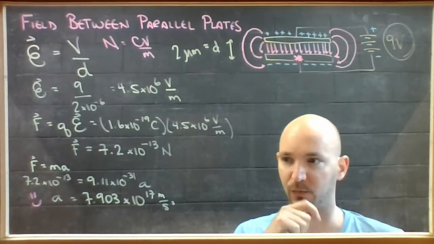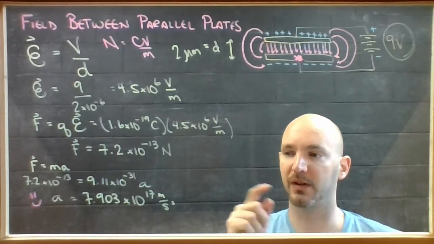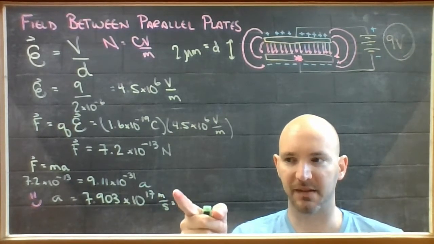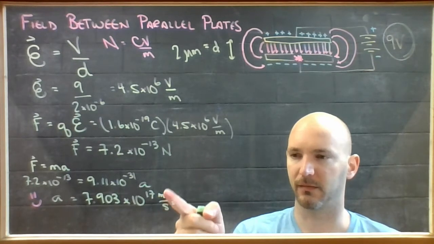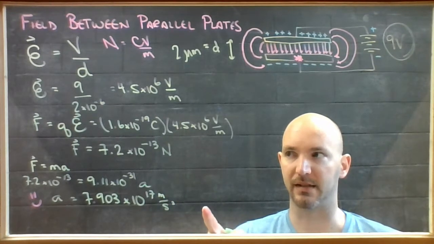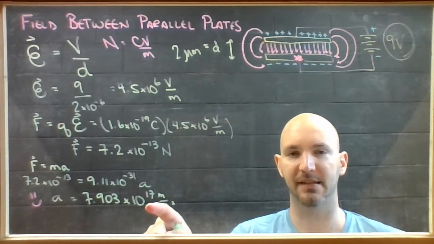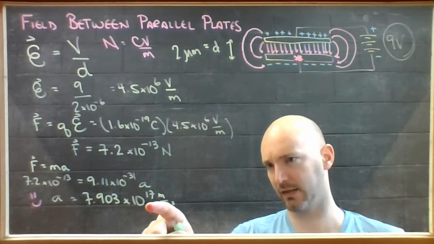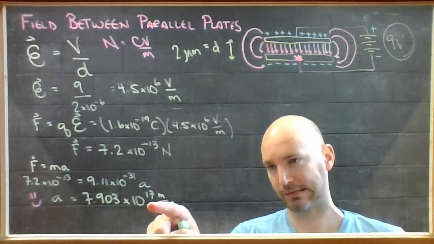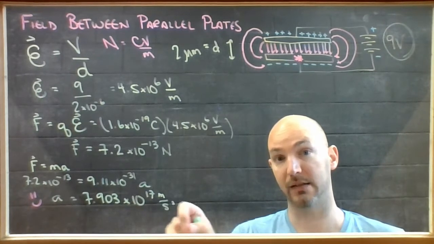That kind of force, right? Like that's ridiculous. In order to hit the speed of light, right? Speed is acceleration times time. At this acceleration, I would need 10 to the negative 9 seconds, so a nanosecond.